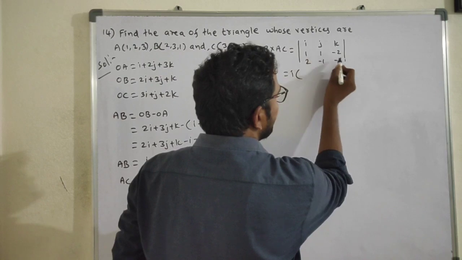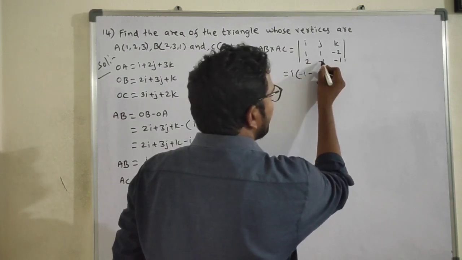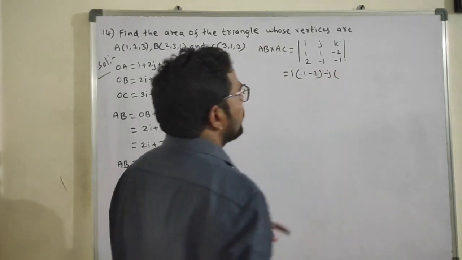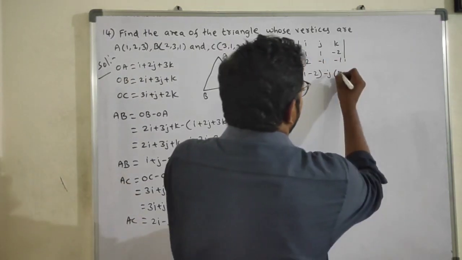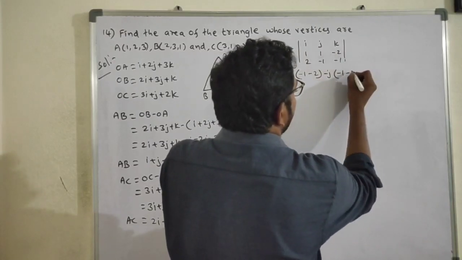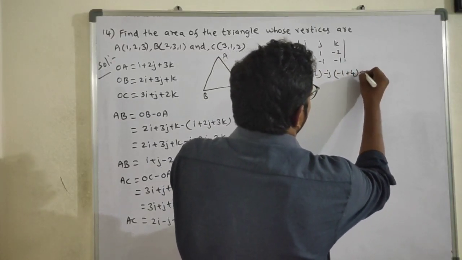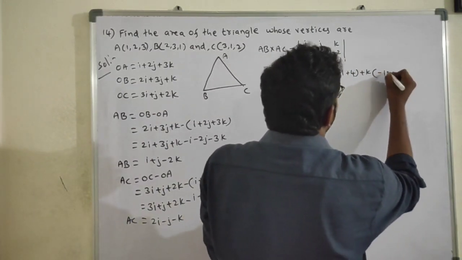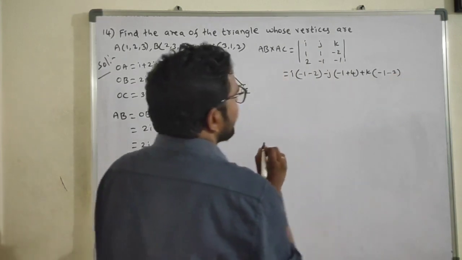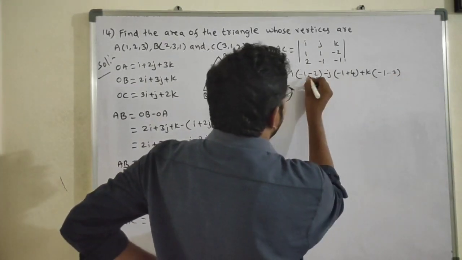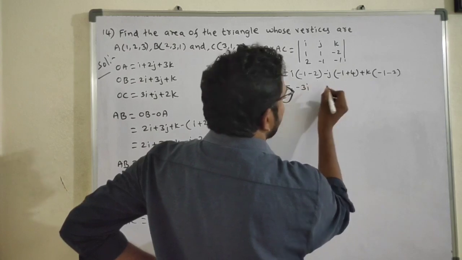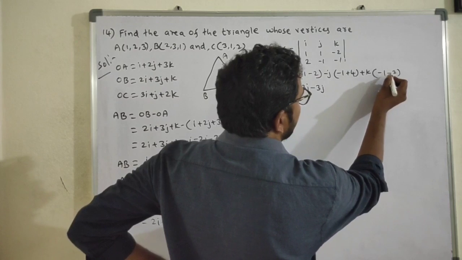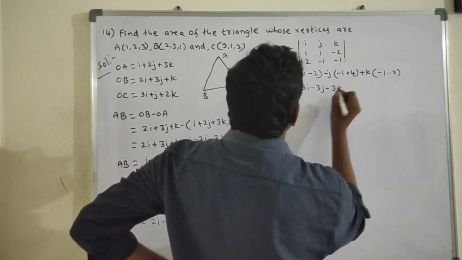So AD minus BC: 1 into minus 1 minus minus 1 into minus 2, plus 2. Minus j into 1 into minus 1 minus 2 into minus 2, minus 4 means plus 4 comes. Plus k into 1 into minus 1 minus 1 2 1s are 2, minus 2. Okay? So minus 1 minus 2, minus 3i; 4 minus 1, 3, minus 3j; minus 1 minus 1, minus 3k. This is AB cross AC.